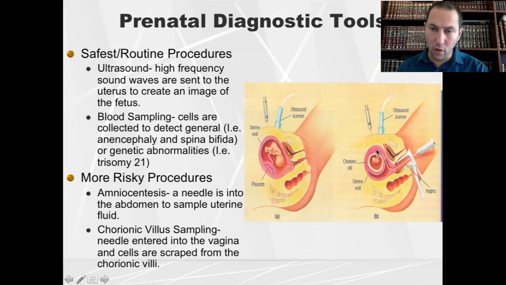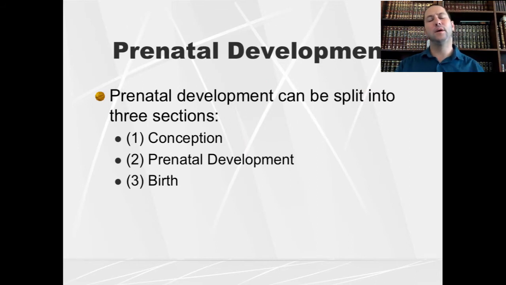It's called villus because they look like fingers. You take cells from here and you test these cells. But notice you have a needle here, you have the ultrasound, and then you have this clamp and another needle here. So it's a little bit more complicated. Okay, so these are ways to test for disorders.